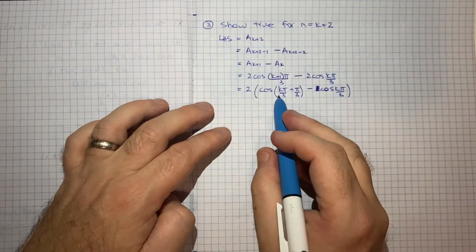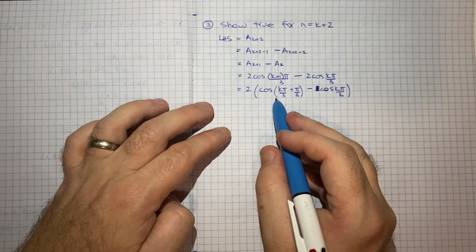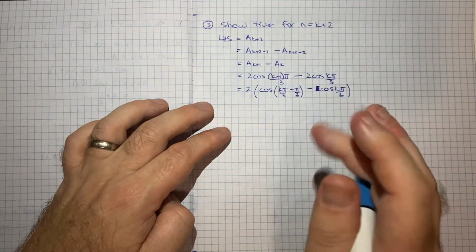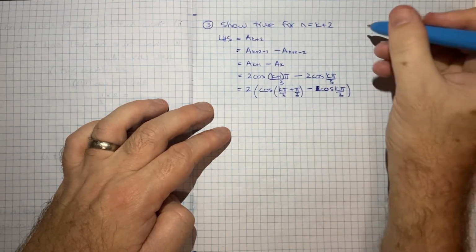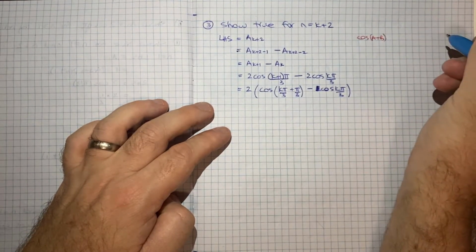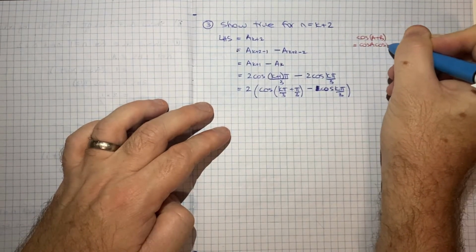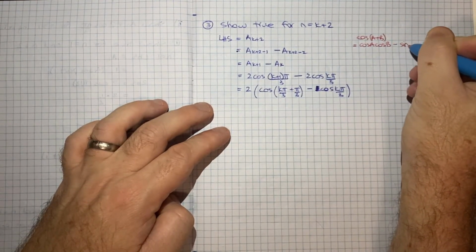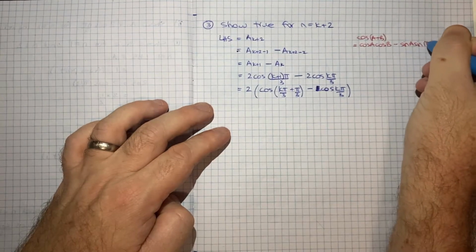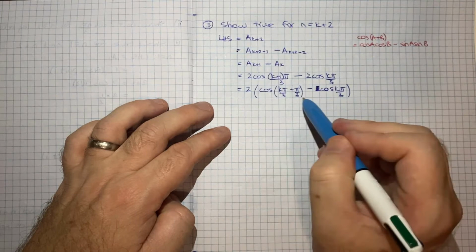Alright, now this here, we can simplify, I guess, using the result of cos a plus b being equal to cos a cos b minus sine a sine b. So let's make use of that trigonometric identity to expand this.